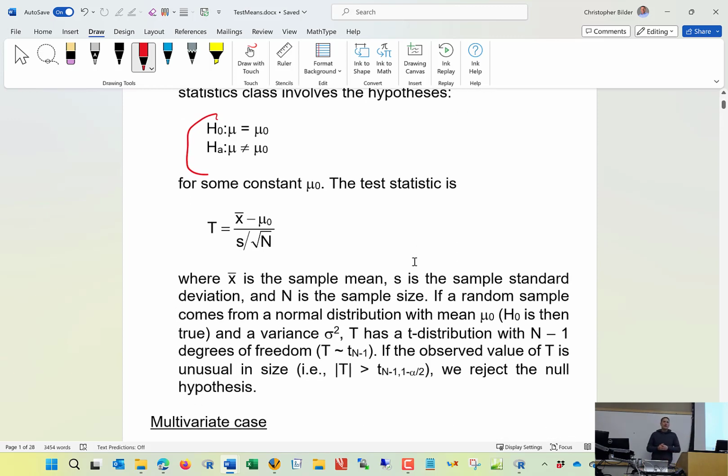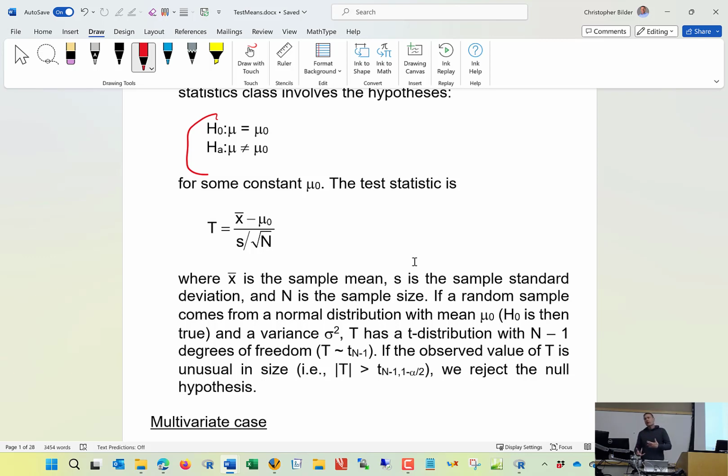And we have the regular old t-test statistic that's used to do the hypothesis test, where x bar is the sample mean, s is the sample standard deviation, and n is the sample size. As you know, if the null hypothesis is true, and we think of this t as a random variable, it has a t distribution with n-1 degrees of freedom.